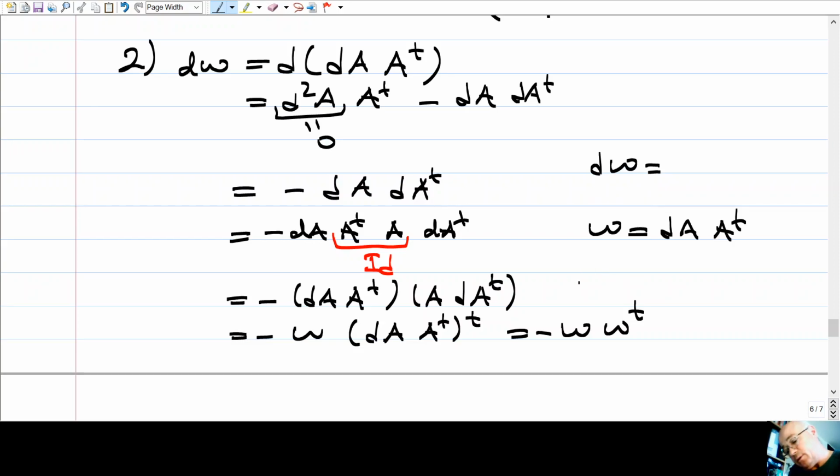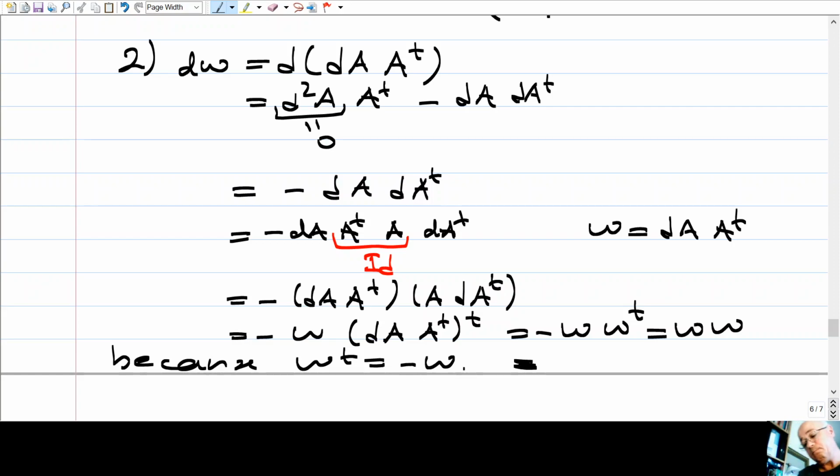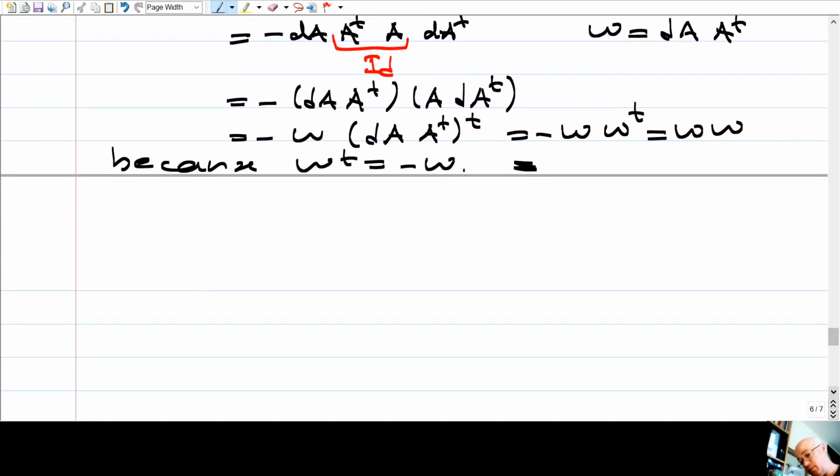So no, omega is this. So this is equal to this gadget because omega is skew symmetric. All right, so this finishes the proof.